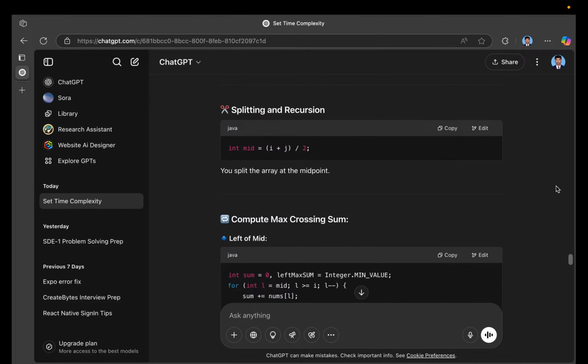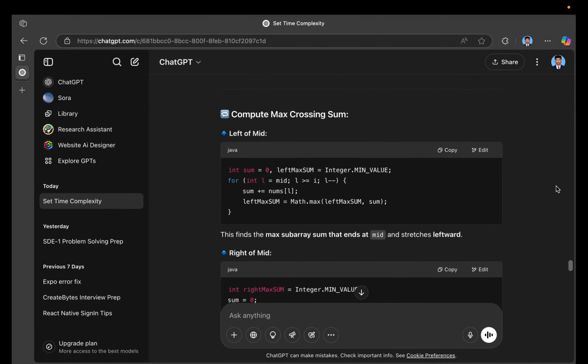Hmm, I can't understand. Still, let's try more. Left to mid. Sum is 0. Left max sum. It is a minimum value. For l equals mid, l is greater than or equal to i, l minus minus, sum plus equal to nums[l].